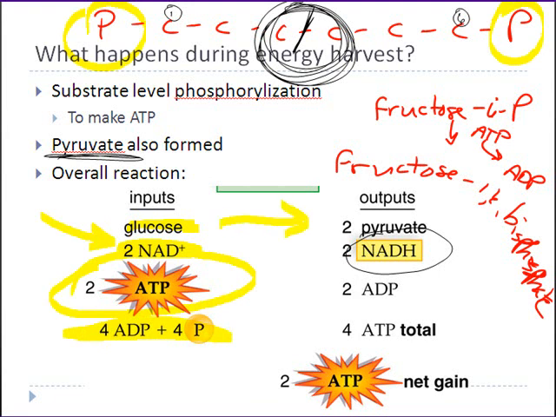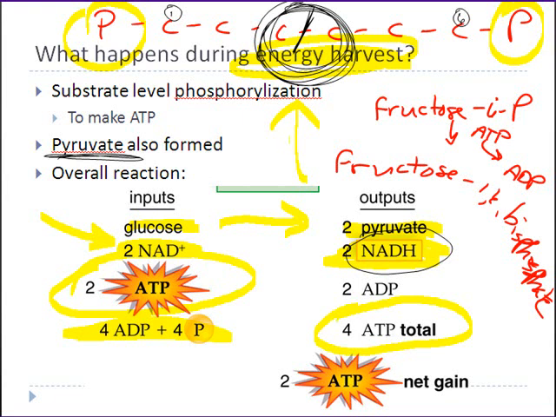The outputs are, and this is what we got during the energy harvest phase, was we got 2 molecules of pyruvate. We were able to store some of the energy from breaking apart those chemical bonds in a couple of molecules of coenzyme NADH. And we were also able to generate 4 new ATP molecules from the energy we got by breaking apart those bonds.